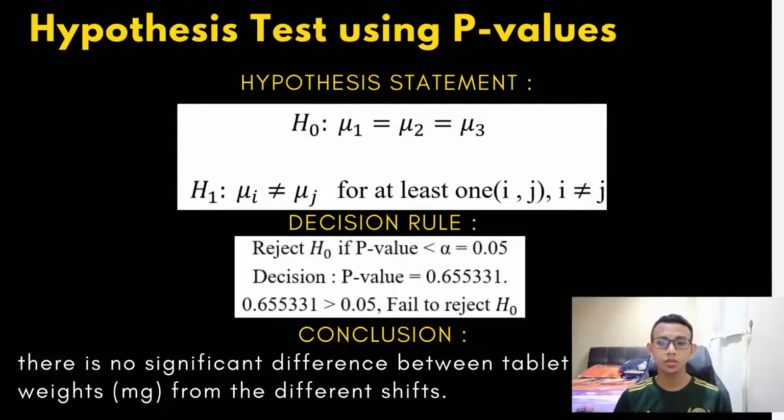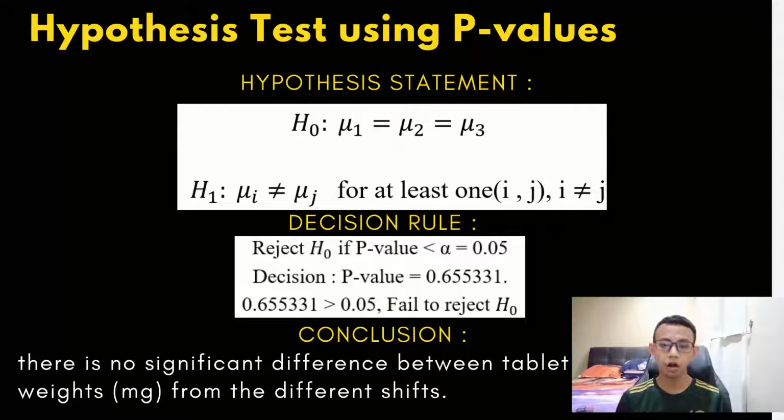So we have two hypothesis tests. The first one is by using p-values. Our H null is mu1 equal to mu2 equal to mu3, and our H alternative is mu i is not equal to mu j for at least one i, j. We reject H null if p-value is less than alpha, which is 0.05.